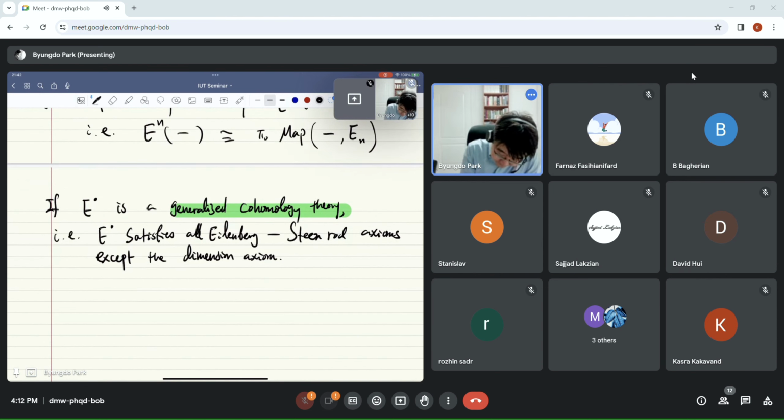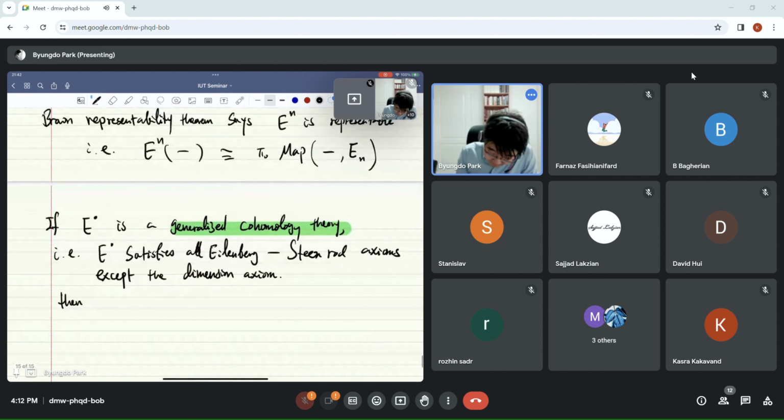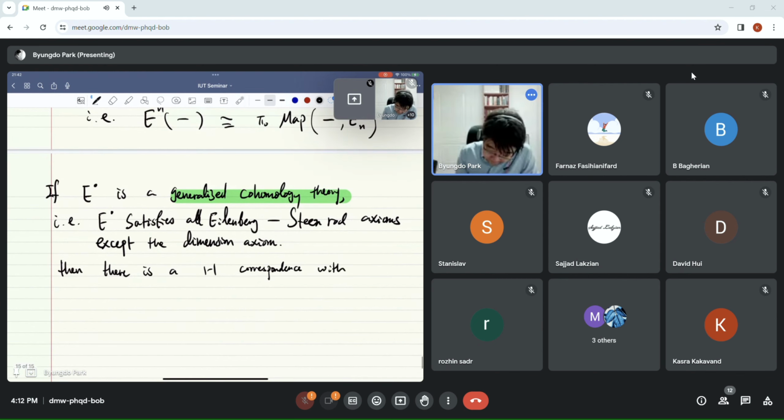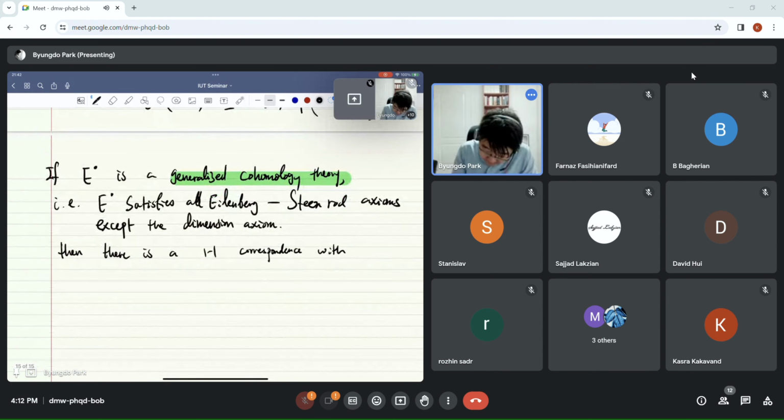Then there is a one-to-one correspondence with something called an omega spectrum.